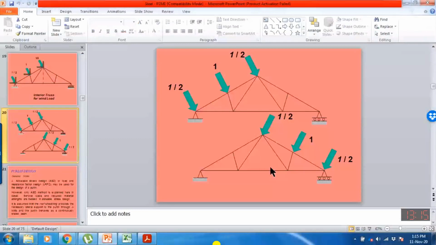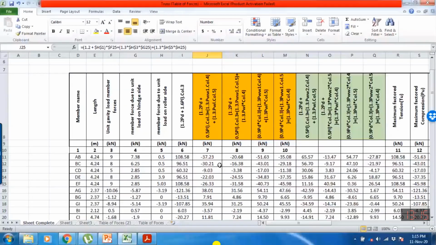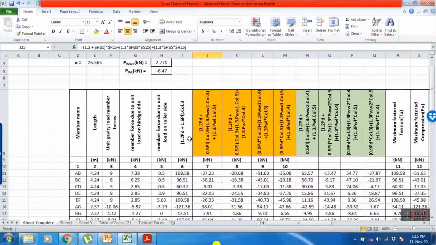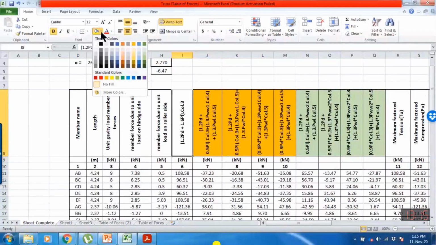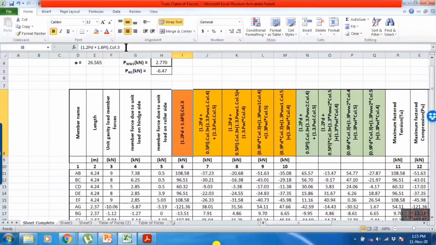And here, this load combination is the gravity load combination, and these load combinations are live load combinations including wind load. So these are the four load combinations. In these four load combinations, I have used windward load 1, PWW1.